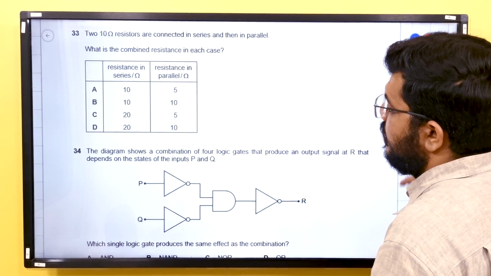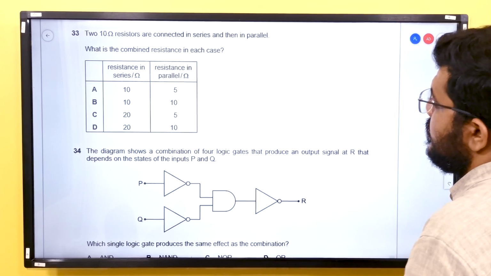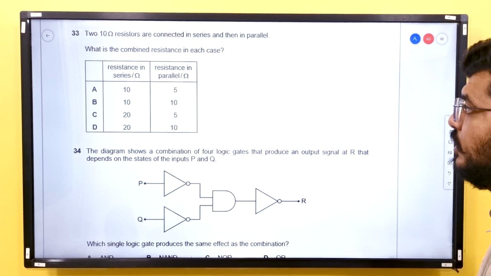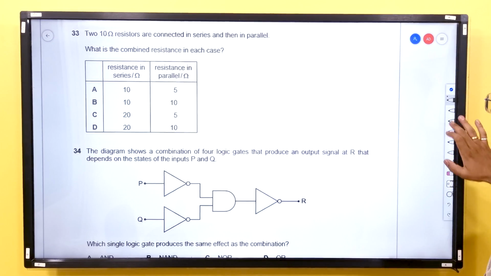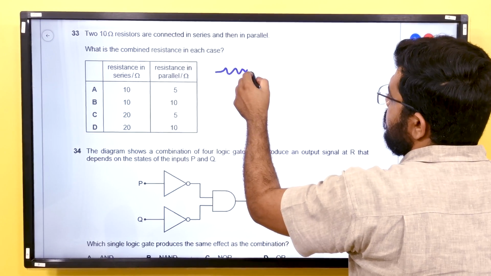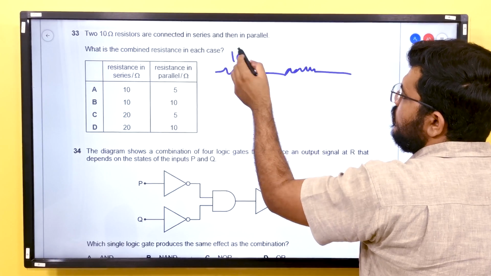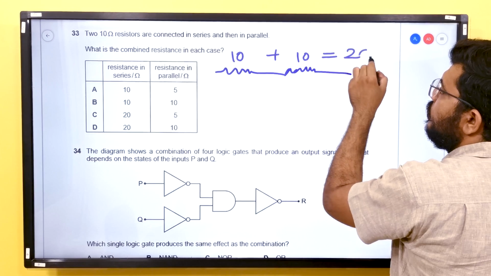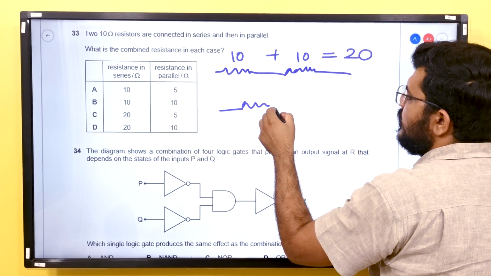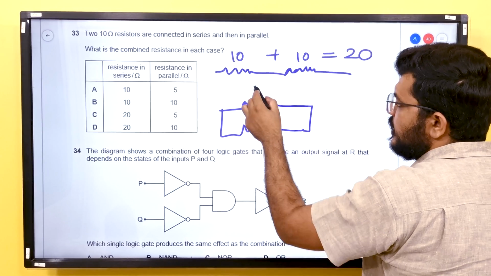Question 33. Two 10 ohm resistors are connected in series and then in parallel. What is the combined resistance in each case? Let's take a resistor and connect it with another 10 ohm resistor. In series the resistance gets added, so 10 plus 10 is 20. But when they are in parallel, their reciprocals get added.